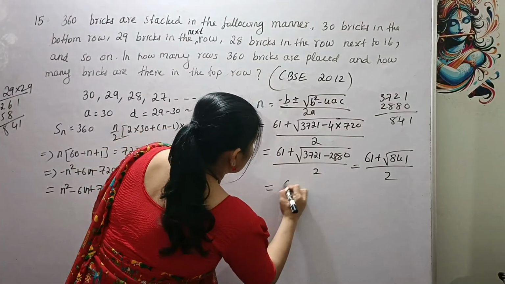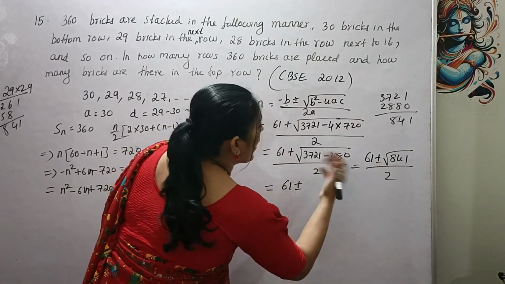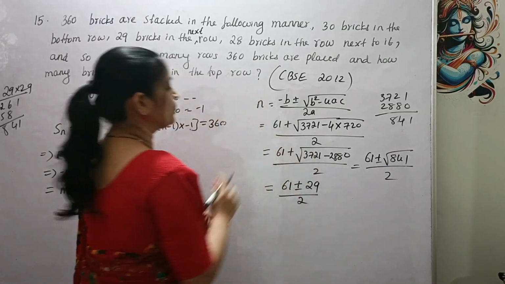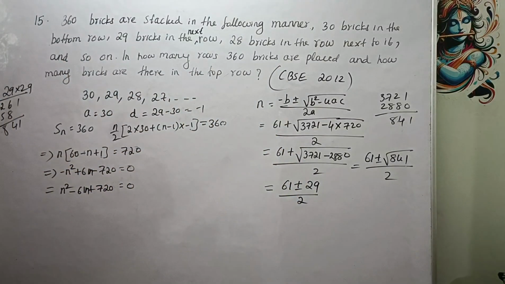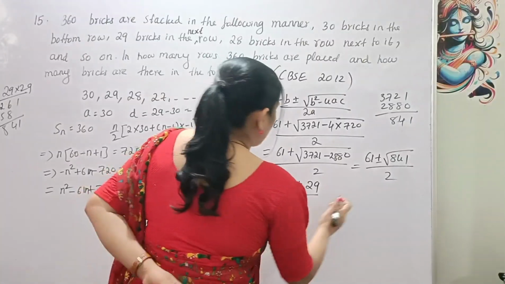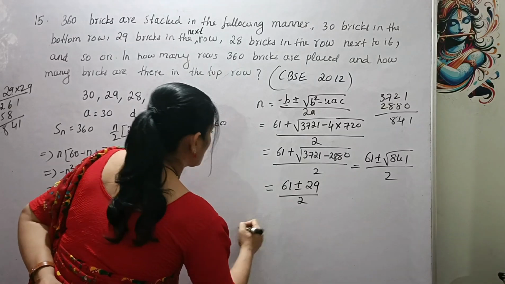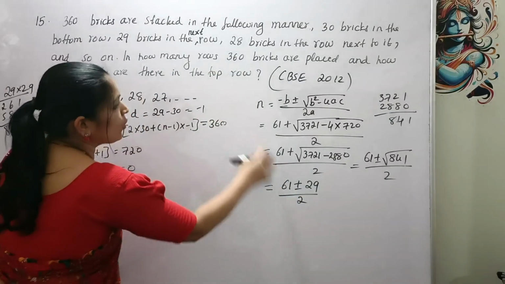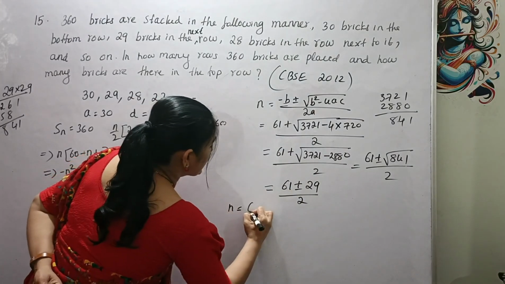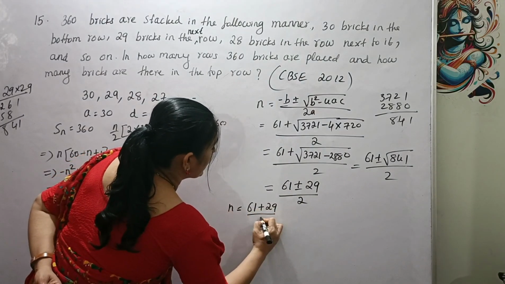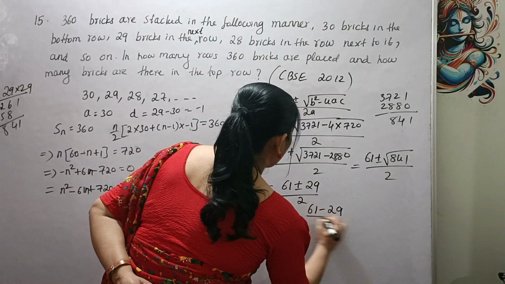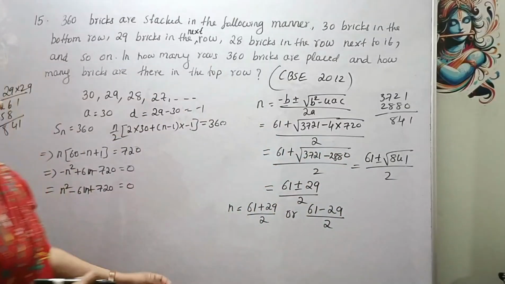Okay, now 61 plus or minus square root of 841, that is 29, divided by 2. Then here n is equal to, we have got two values, right? n is equal to 61 plus 29 divided by 2, or 61 minus 29 divided by 2.